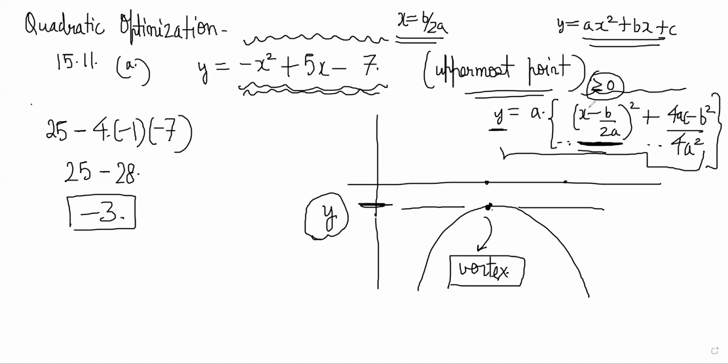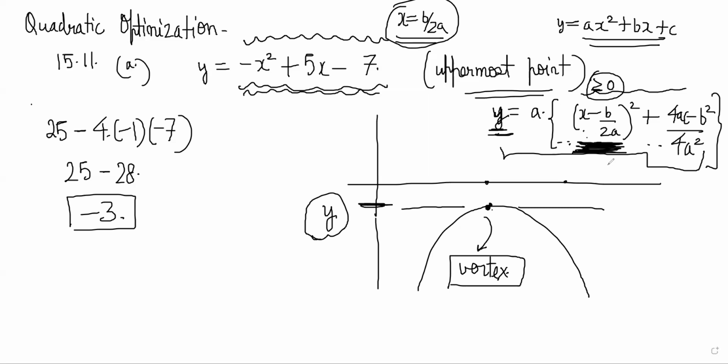It'll just be 4ac minus b squared over 4a squared. What I'm saying is, how can you minimize the value of y? Think about that. When x is b by 2a, you can minimize it, no? Because if you don't put x equal to b by 2a, then for sure this quadratic will give us a positive value.